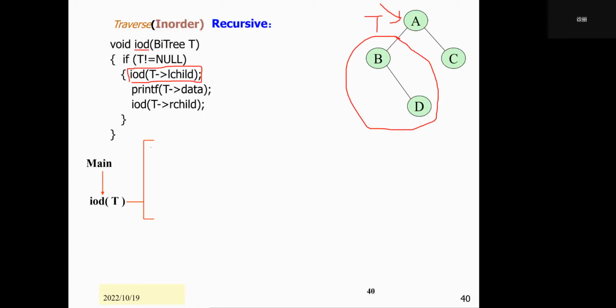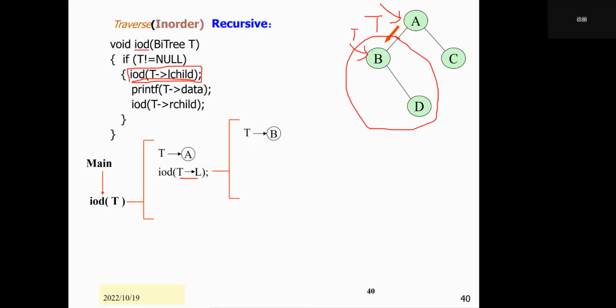So let's execute this line. So call in-order T left child. That means T will point to B, right?